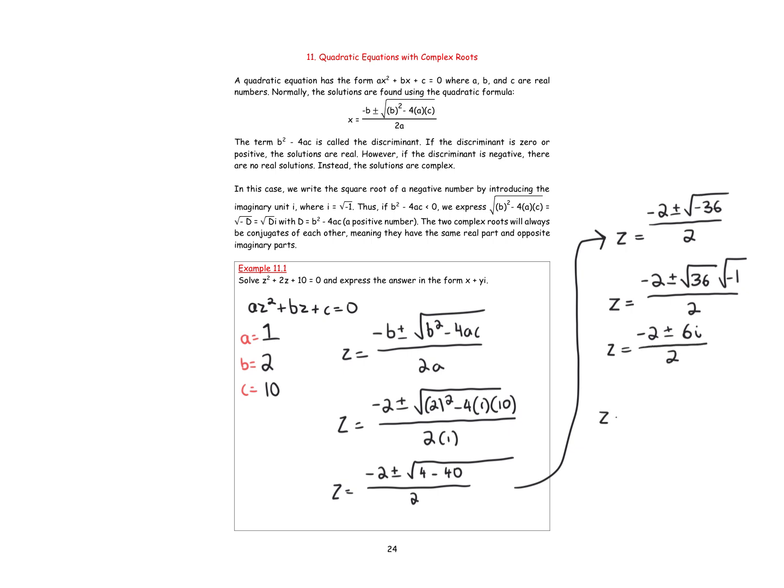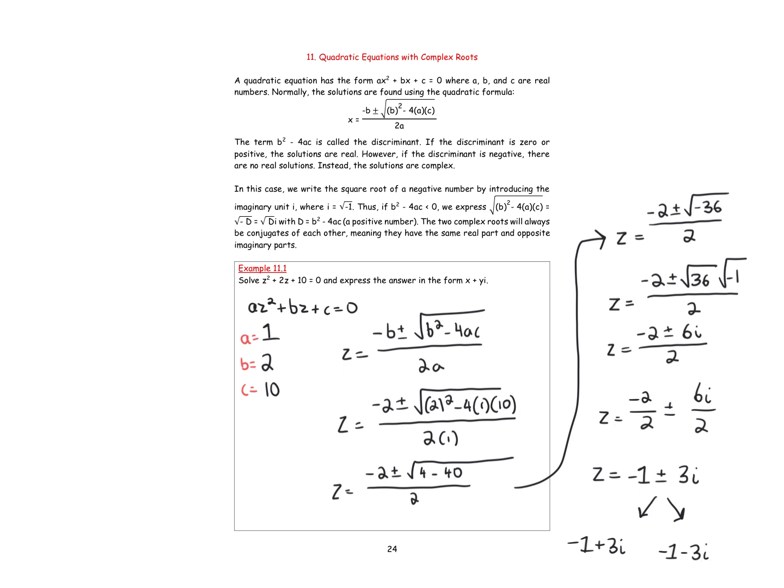This will simplify then to minus 2 over 2 plus or minus 6i over 2, which will simplify again to minus 1 plus or minus 3i. We have two answers for this. We have minus 1 plus 3i and minus 1 minus 3i.